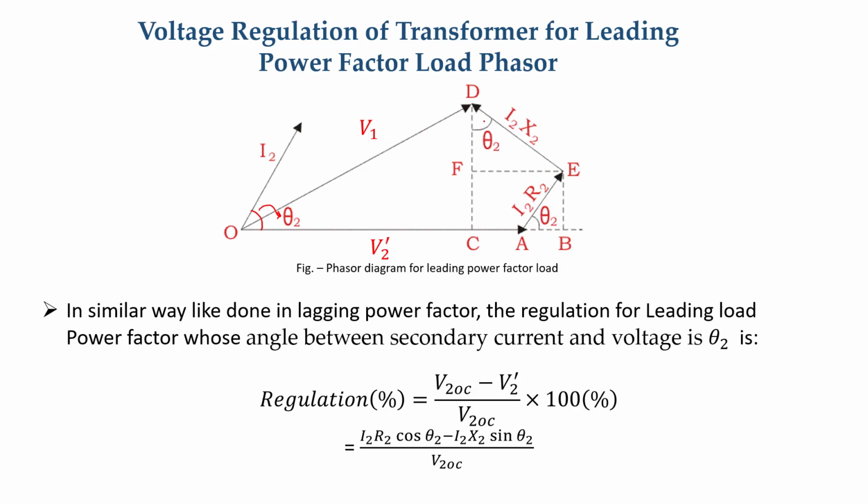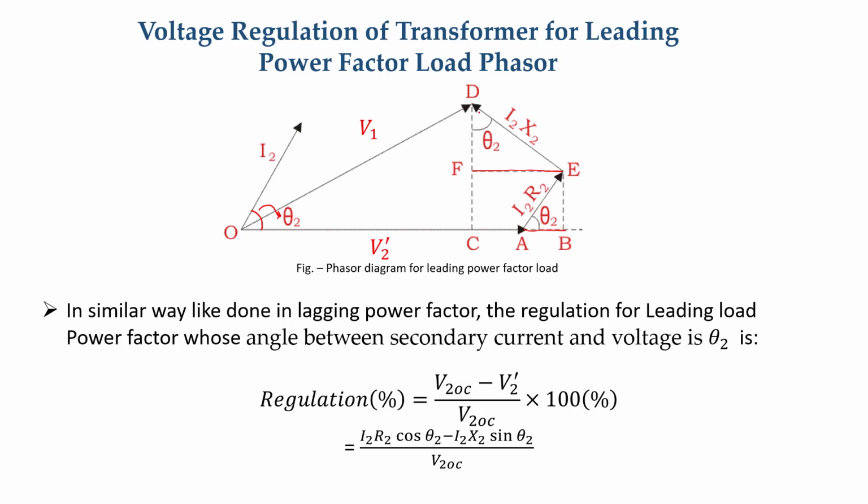Similarly, again using these triangles, we can simply show that this is I2X2 sin theta 2, and this is I2R2 cos theta 2.